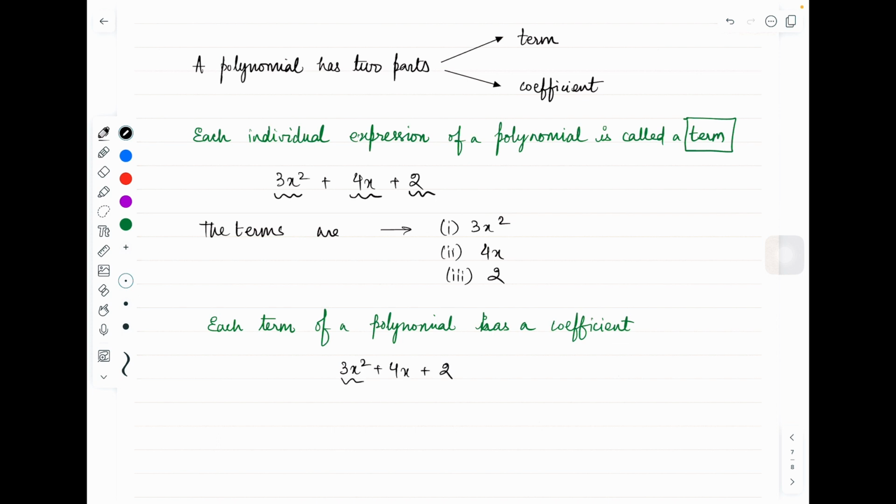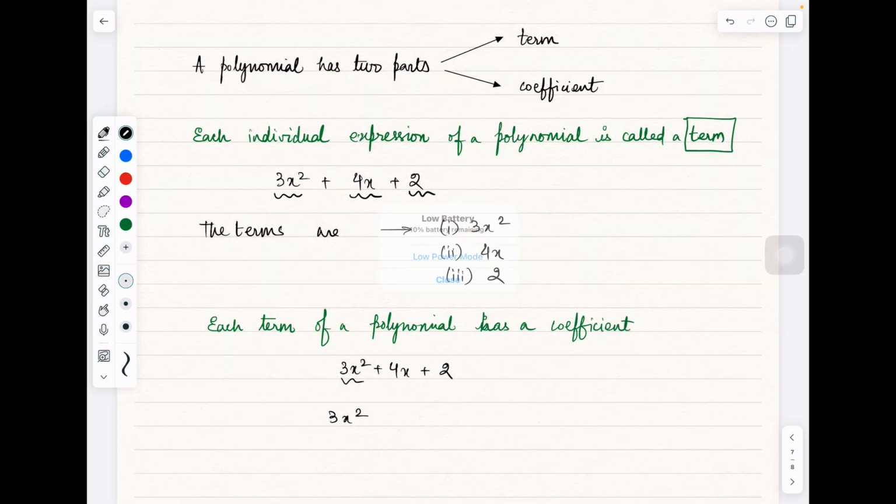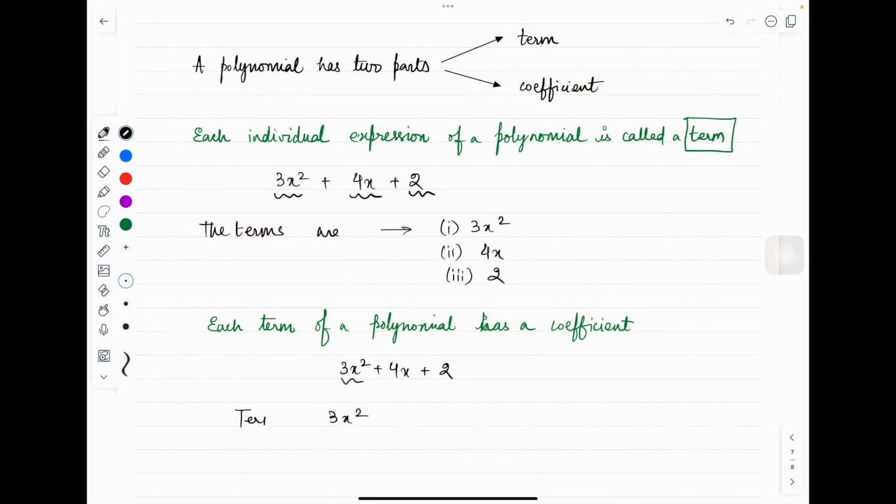In the term 3x square, coefficient is 3. In the term 4x, coefficient is 4.